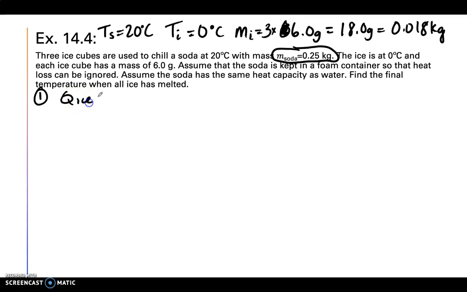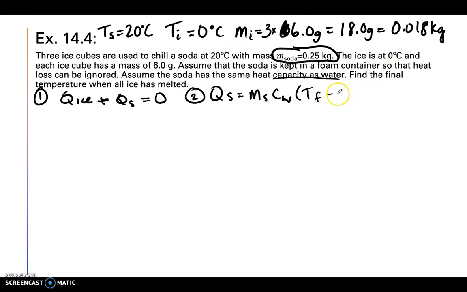My heat transfer of the ice plus the heat transfer of the soda will equal 0. Okay. So Q of our soda is going to be M of the soda, C of the soda, which it states the heat capacity is going to be the same as water. So I'll put a W there. And then delta T, so my T final minus my initial of the soda, which is 20 degrees Celsius.